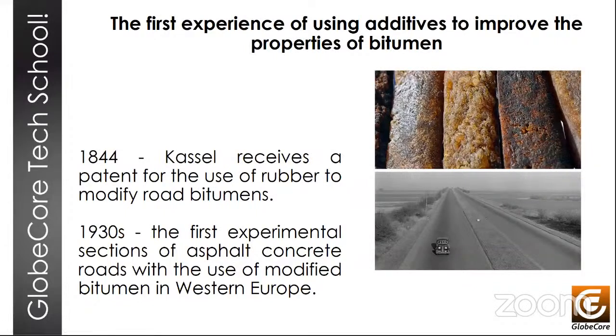In America, a similar patent belonged to Charles Nelson Goodyear, and in 1844, the Castle patent appeared for the use of such compositions in road surfaces. The first experimental sections of asphalt concrete pavements using modified bitumen were built in a number of Western European nations in the 1930s. Many areas of asphalt concrete pavements using modified bitumen have proven themselves very well under heavy traffic loads, and the advantages of modified bitumen began to emerge and become quite apparent. Next slide, please.